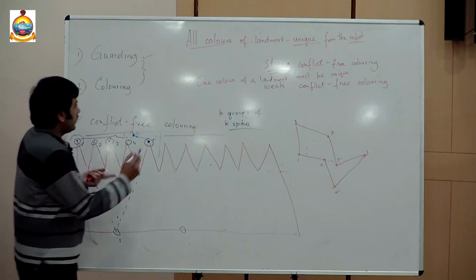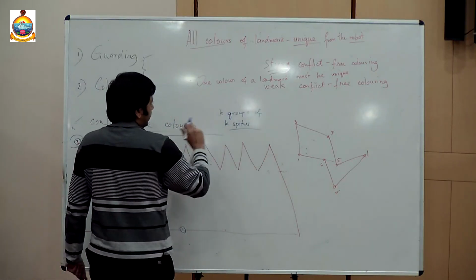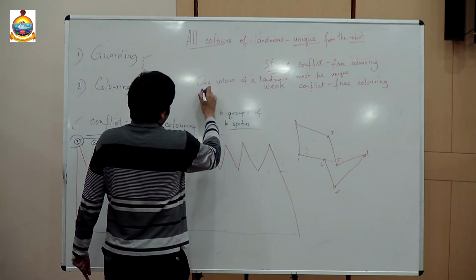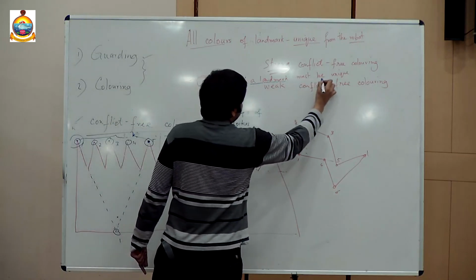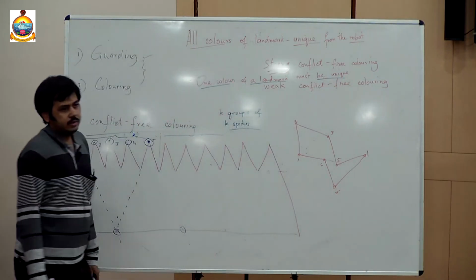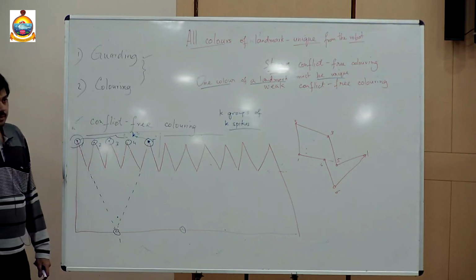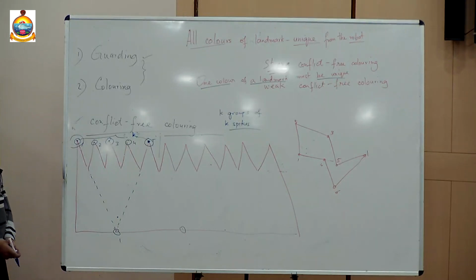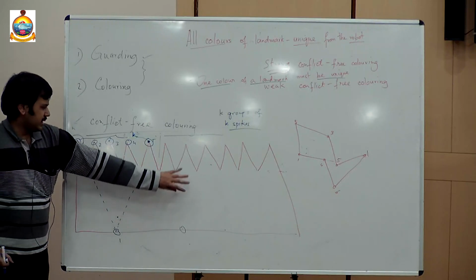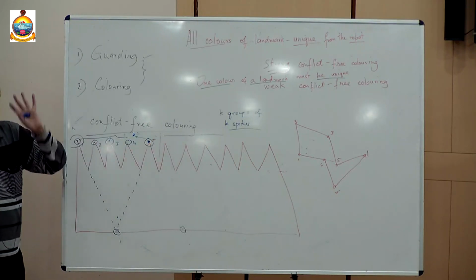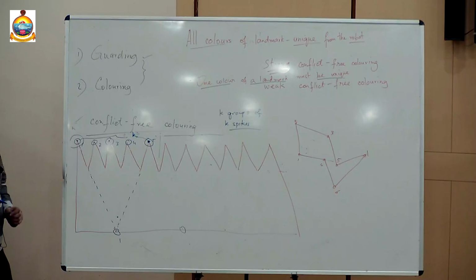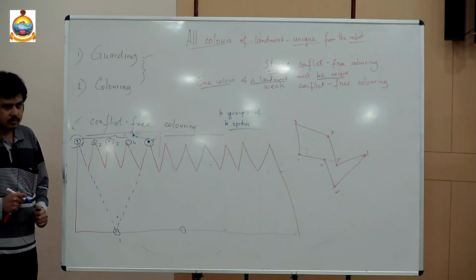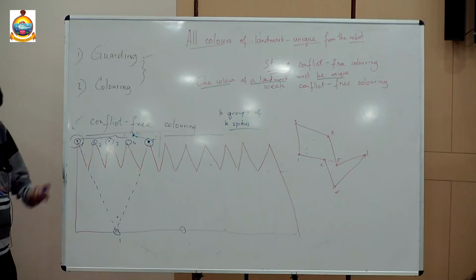But if we consider the weak conflict free coloring notion, where one color of a landmark must be unique, how many do we need? Now the robot must see just one unique color, and that will do. Two, of course.